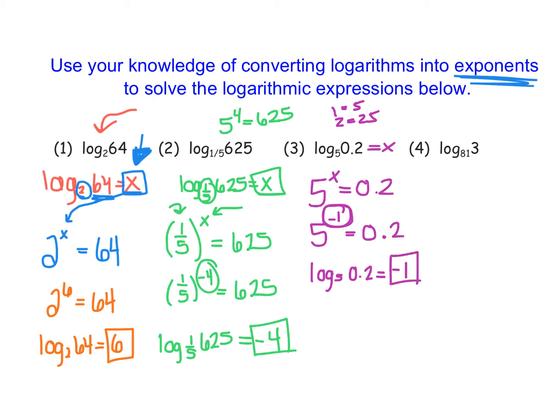And then finally, this final example here, again, we want to figure out what that logarithm is equal to. So we're going to take 81 to the power of x is equal to 3. So I started experimenting. I know it's not positive because 81 to the power of 1 is 81, and 81 to the power of 2 is 6,561.